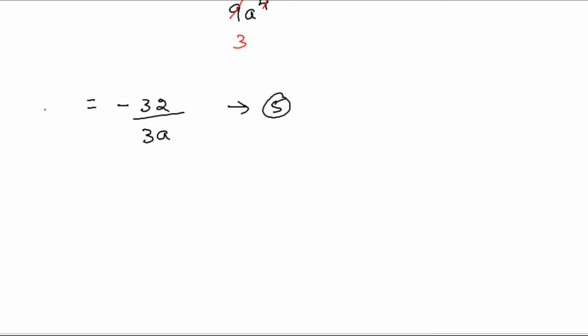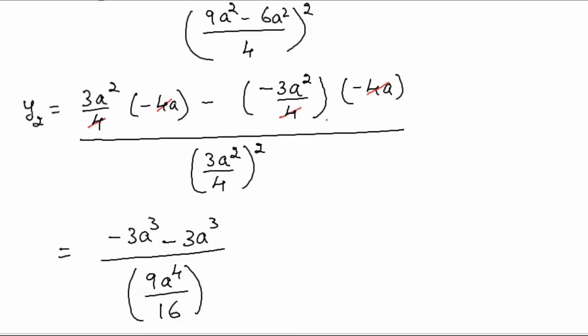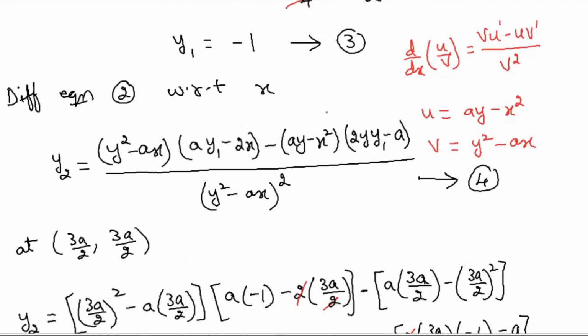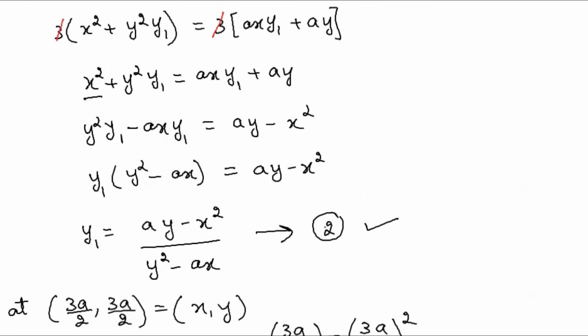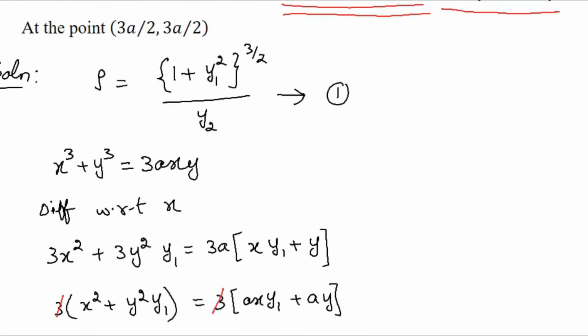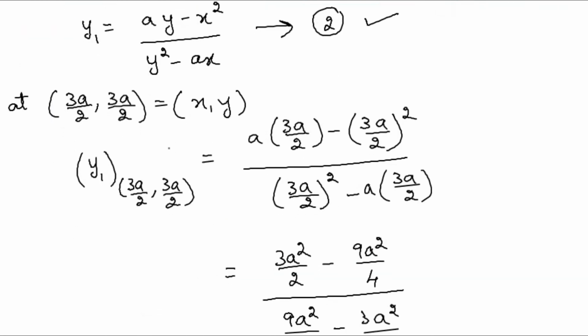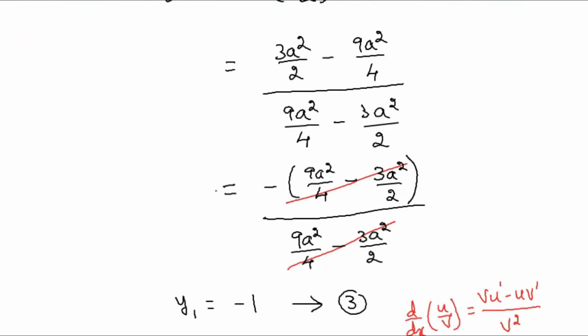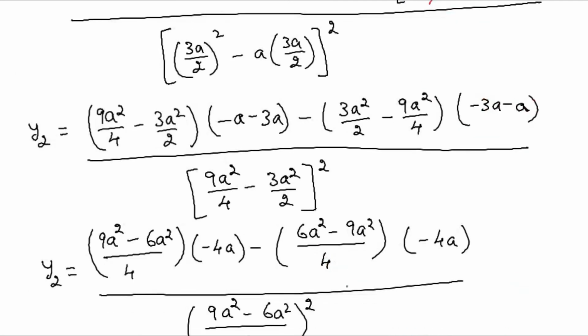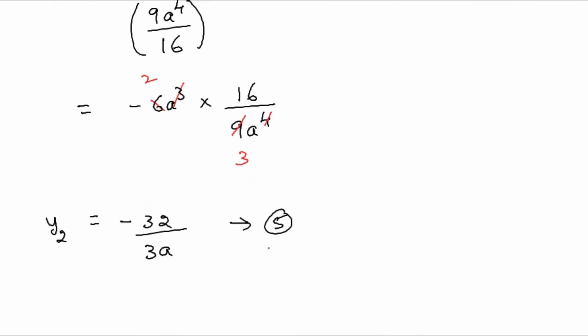So this is y2. We need to just substitute this y1 and y2 back in the given equation. So if you observe, the radius of curvature is nothing but equation number 1, and the value of y1 that we have got at the point 3a by 2, 3a by 2 is given by equation 3, and y2 is given by equation number 5.